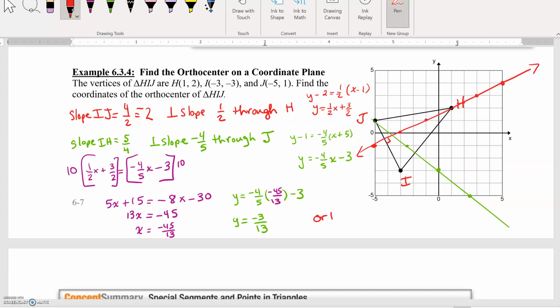And so the orthocenter is at the coordinates negative 45 over 13, negative 3 over 13. And so the approximation would be negative 3 point like 46 and a bunch of stuff, and then like negative 0.23. So we're like in the ballpark there with our decimals.